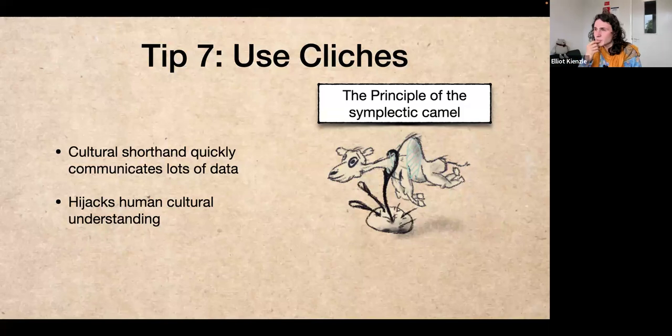Now, this was popularized by science writer Ian Stewart with the saying, "You can't fit a symplectic camel through the eye of a needle, the principle of the symplectic camel." And here is my drawing of this, showing a symplectic camel trying its darndest to fit through a needle, but it can't because its big fat hump is too large for the area of the needle, shown by those blue cross sections.